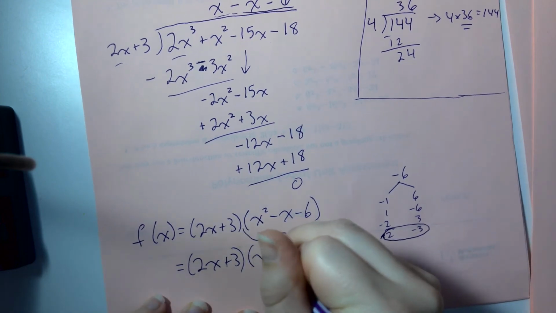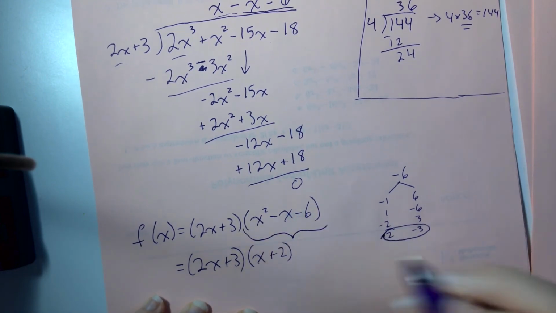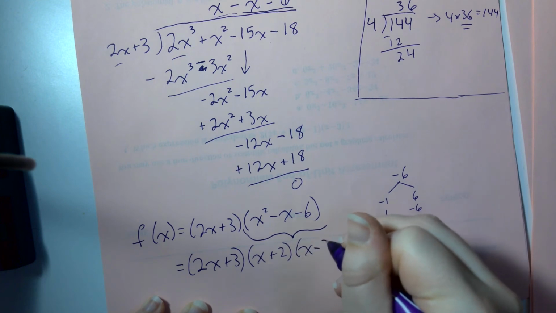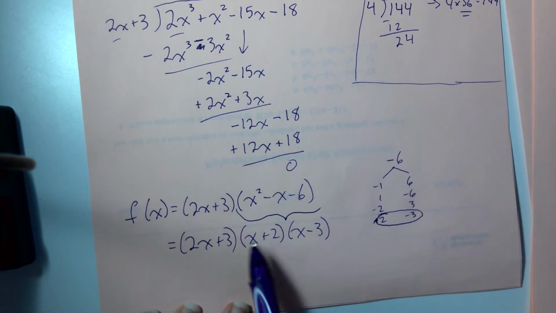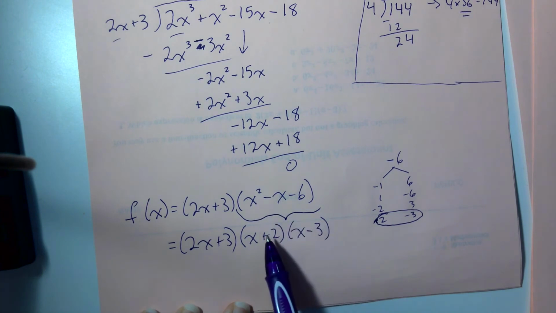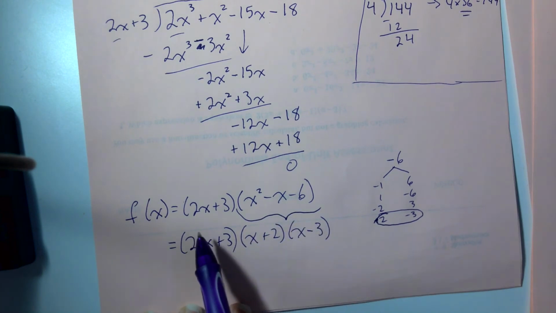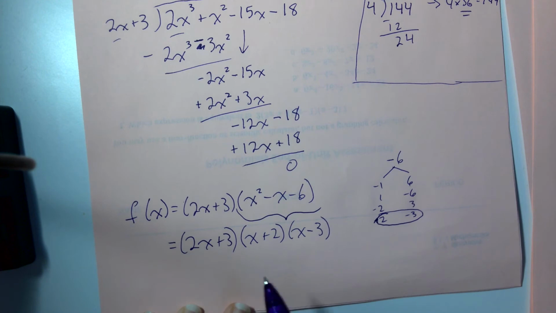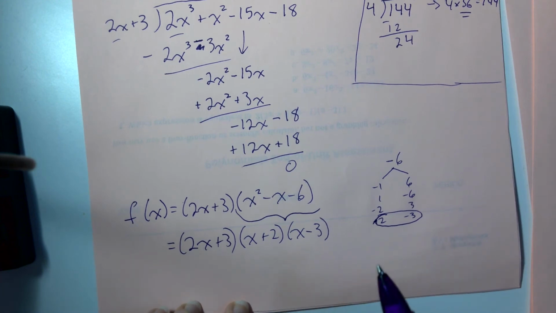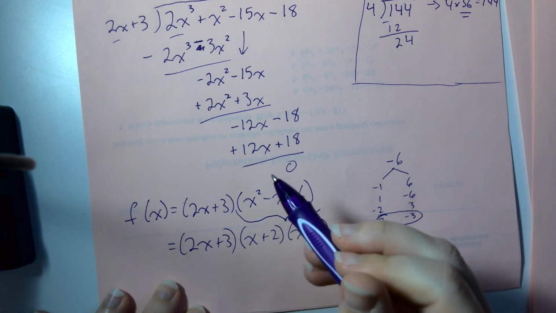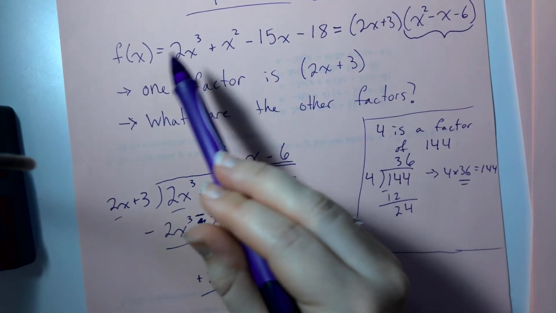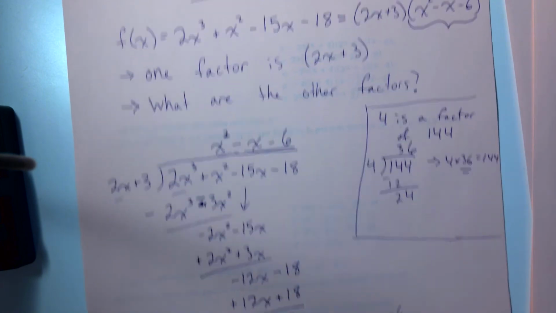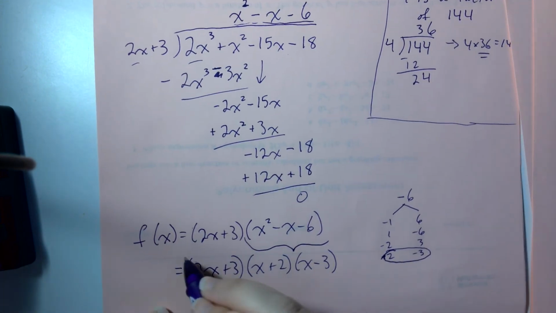So x plus 2 is one factor, and x minus 3 is the other factor. Now that we've split this up into two linear factors, we have our whole function written as the product of linear factors. So if a test question asks you to write a function like this as a product of linear factors, this is what you want.